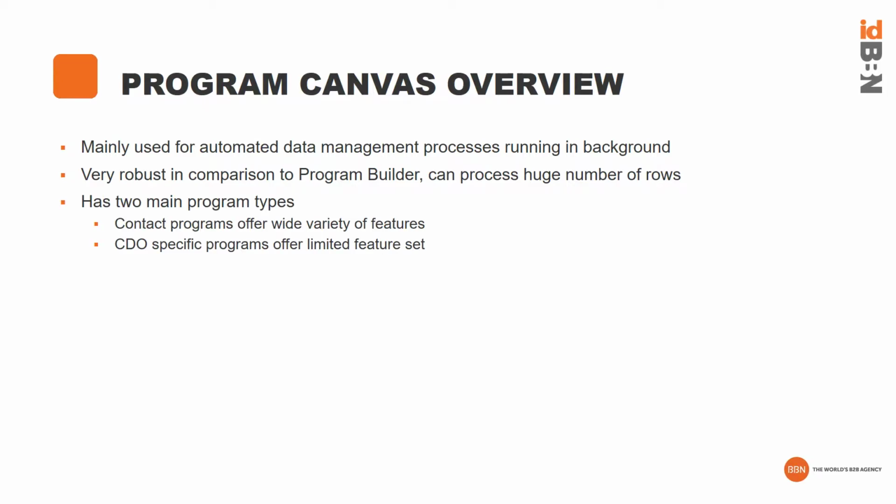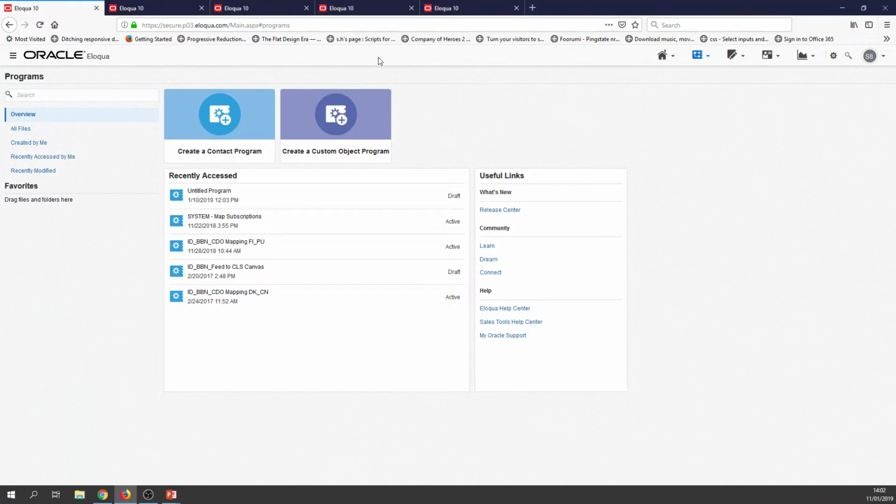And it comes in two different flavors. We have contact-based programs that have a quite wide variety of technical features, and CDO-specific programs that offer a more limited but quite handy feature set. And when you go to programs, this is what you see.